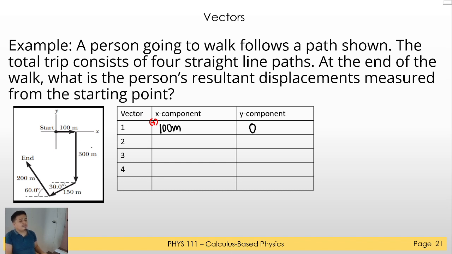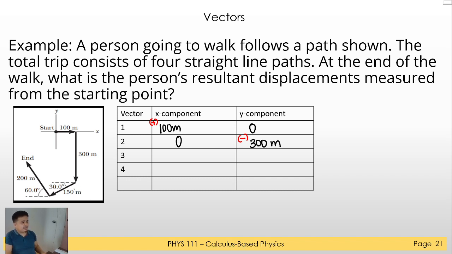And then for the second vector, this one, 300, the x component here will be 0, since this is only upwards or downwards. It has no x component. But the y component will be 300 meters, and since this is going downwards, it should be negative. So take note that this is negative 300 meters.